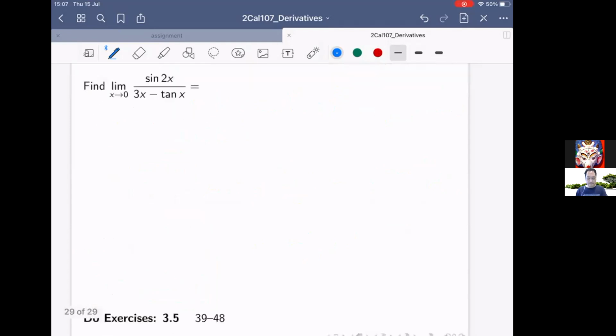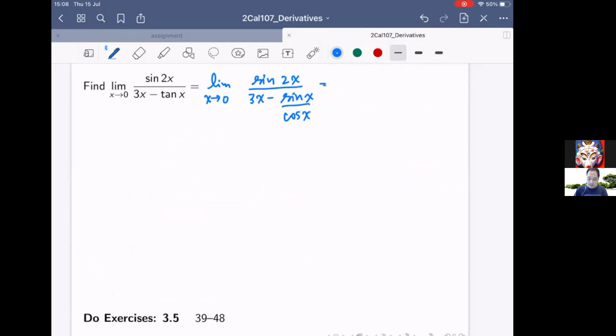How about this one? This one may be a little bit tricky. You got sine of 2x over 3x, and then this one can be sine x over cosine x, right? Because for tangent, we don't really know about the tangent, but we know about the sine and cosine, so we try to manipulate it this way.